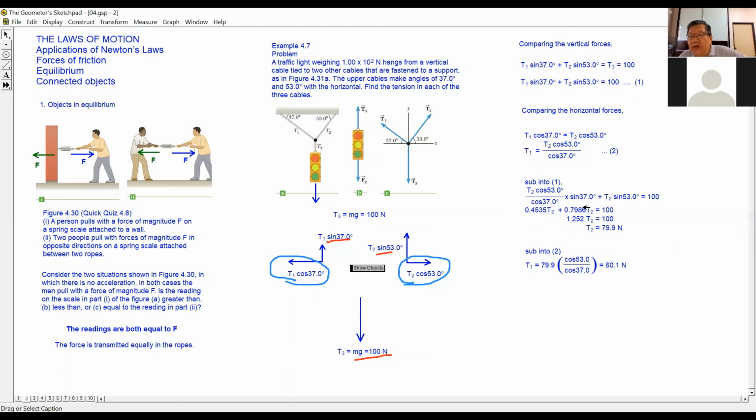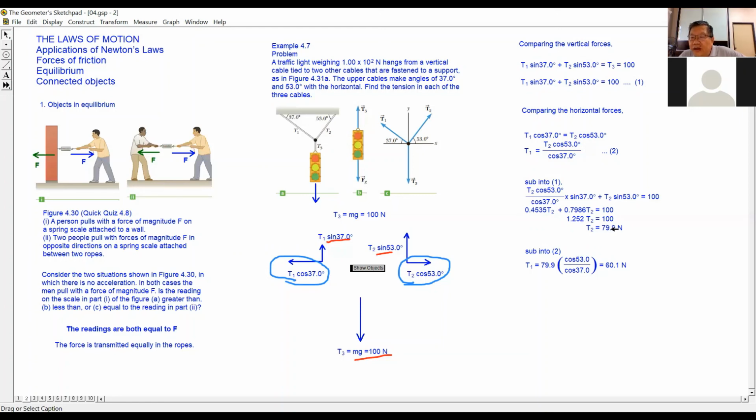When you add them together, the answer is 1.252 T2. You bring the 1.252 over, 100 divided by 1.252, and the answer is 79.9 newtons. So we can solve and find the tension T2.